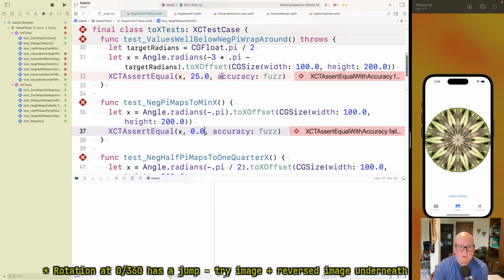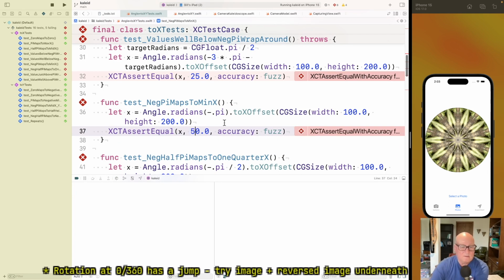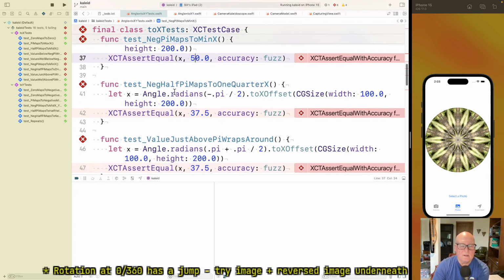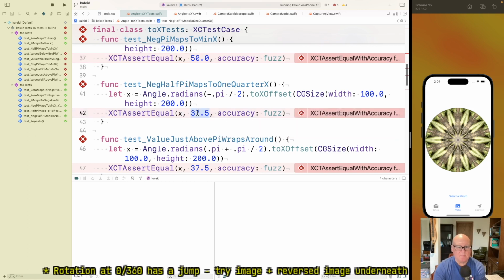So I think that should be 50. Oh, good. Okay. Yeah, I think we're doing something. Negative half pi maps to, well, that's negative 90. So that should be 25. Yep.